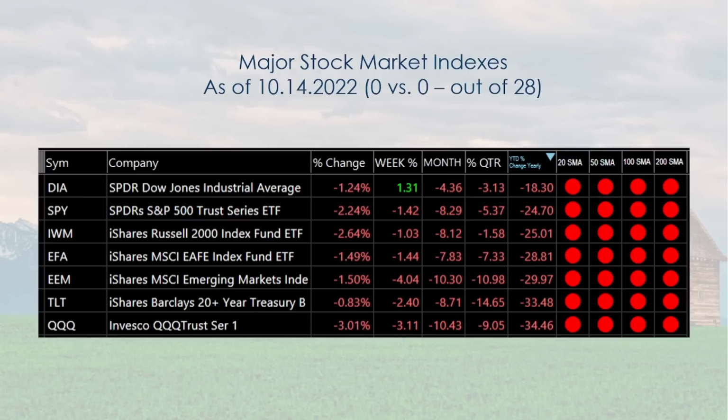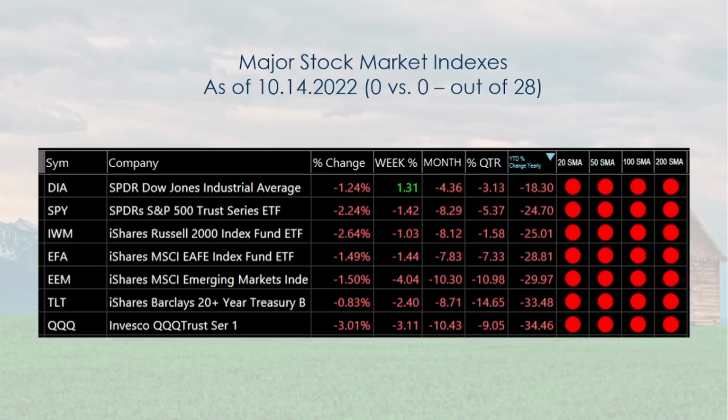And the numbers are for that day, Friday, last week, this past month, this past quarter, and this year to date. So a view from all of them. Everything is negative except the Dow Industrials for last week, which were actually positive. Everything else is negative for every time period.